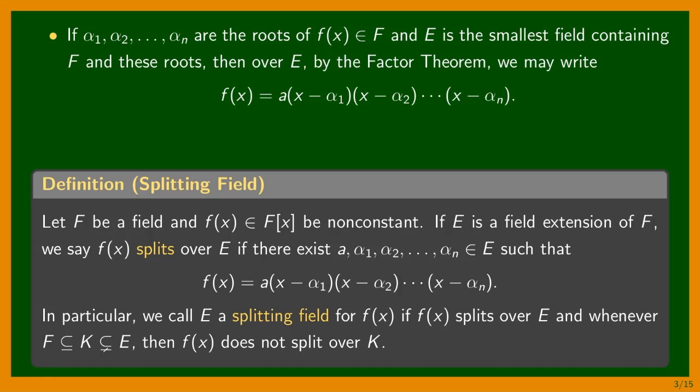If E is a field extension of F, we say that f of x splits over E if f factors into linear factors, like so. Pag nag-split na yung f of x over E, mag-i-split na rin siya sa lahat pa ng extensions ng E, kasi redundancy na lang naman yung mga idadagdag mong elements, right?